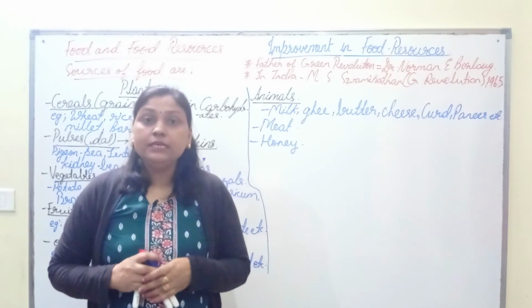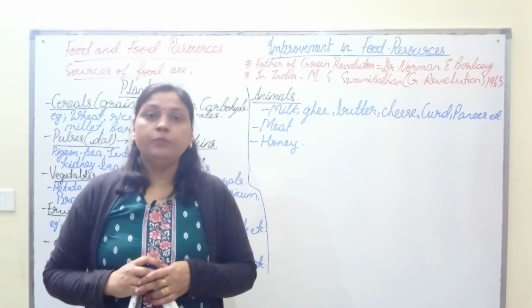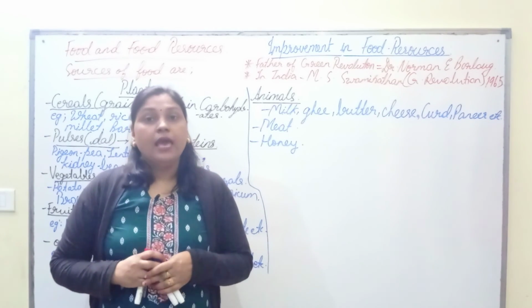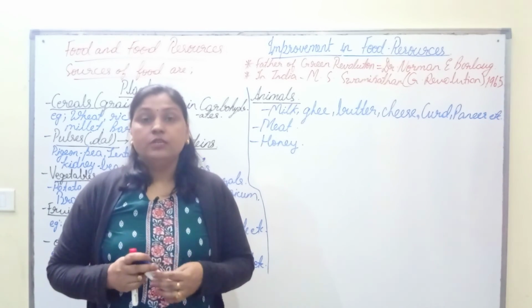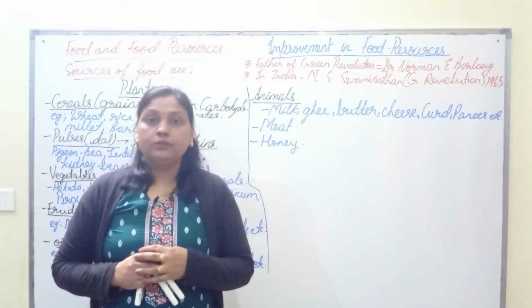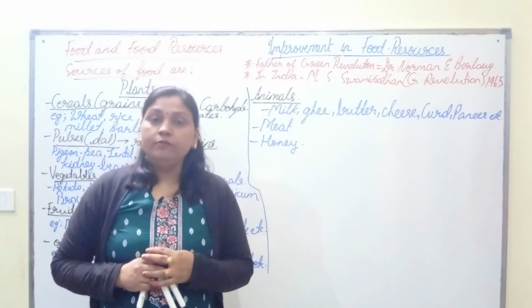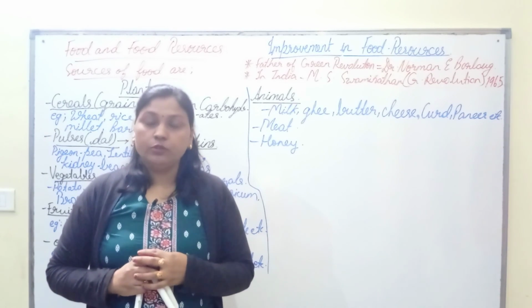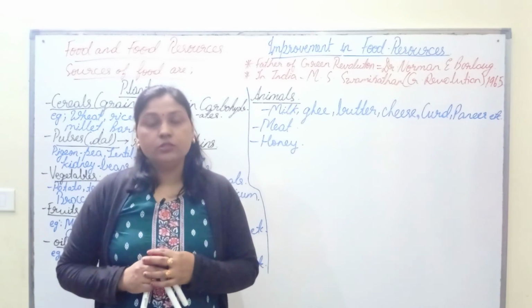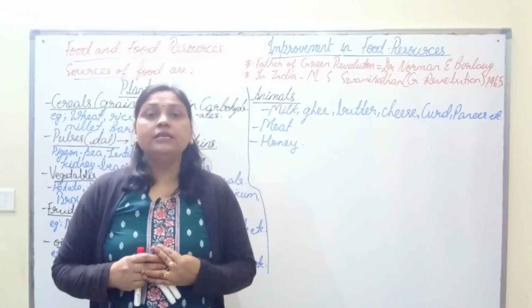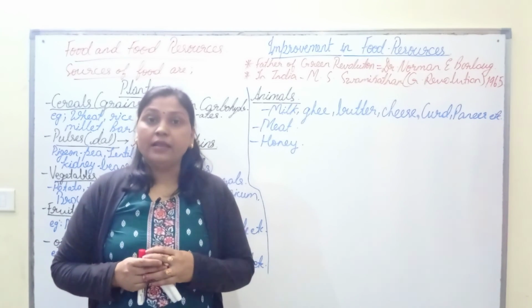So there is a need for sustainable practices in agriculture and animal husbandry, as some of the natural resources are very limited, and keeping in mind the convenience of future generations, we should utilize these natural resources in a balanced manner.